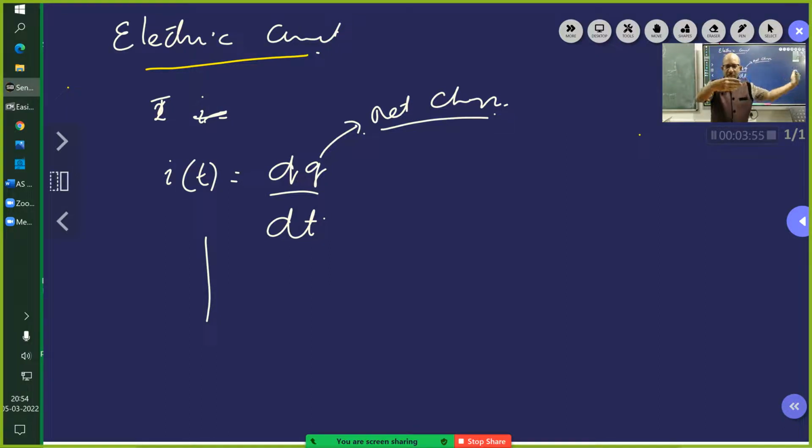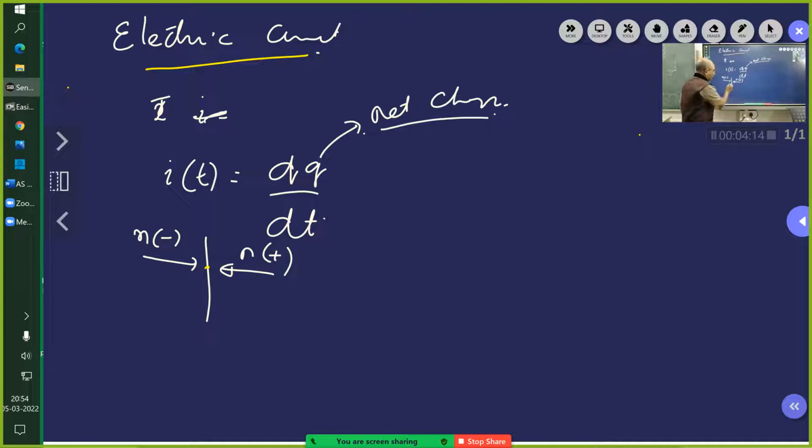At this point, simultaneously both of them are moving. So at any given instant, n number of negative charges are moving and simultaneously n number of positive charges are moving at this point. Now, what is the electric current at this point?